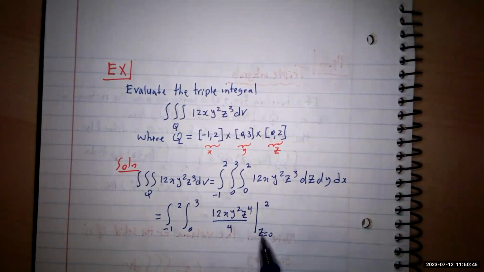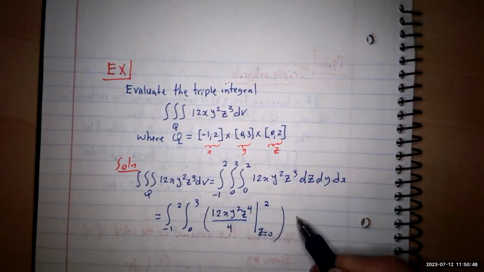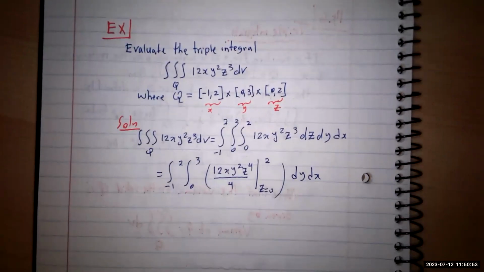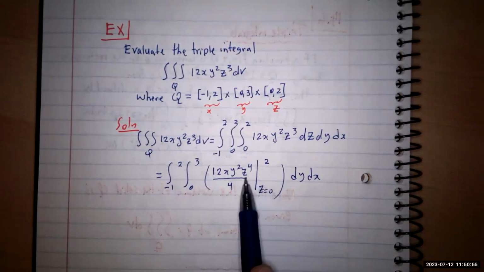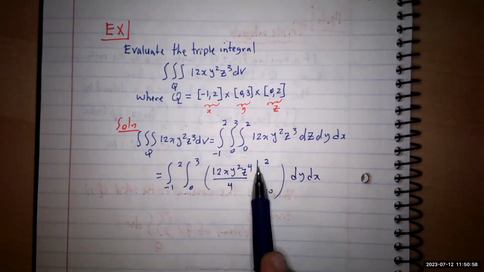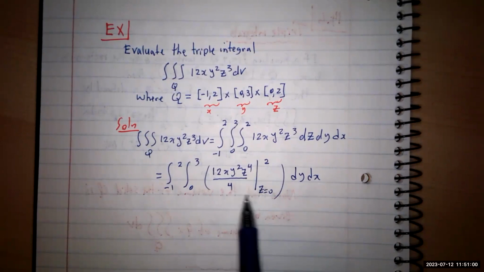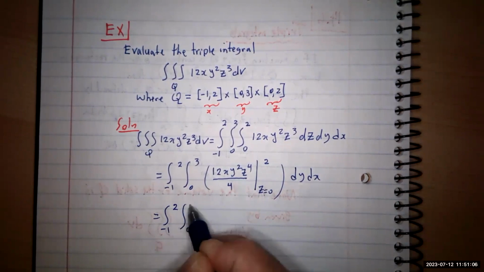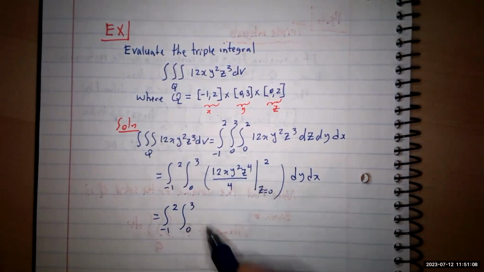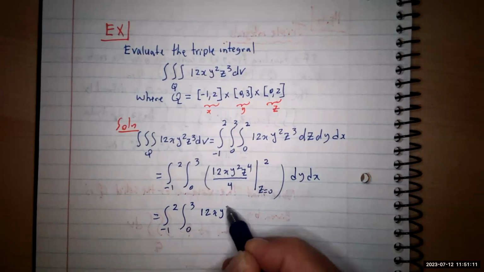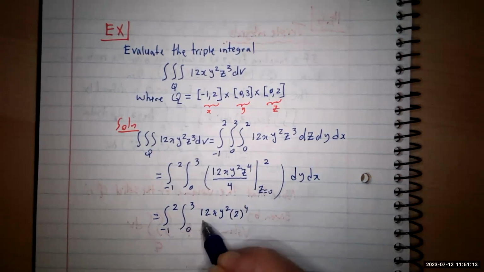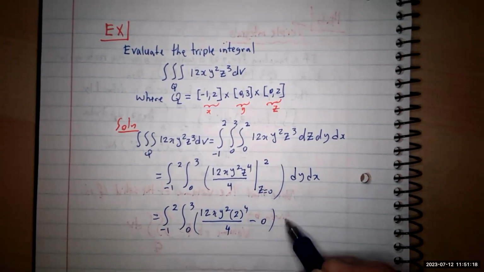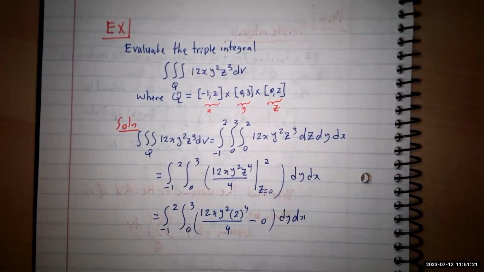Okay, and when you're done, then you continue with the dy dx. Substitute for z, that gives you 2 to the 4th. Okay, you can simplify it. So I explain it, but you can do it right away. So 12xy squared, 2 to the 4th over 4, minus 0. Okay, then the dy dx.